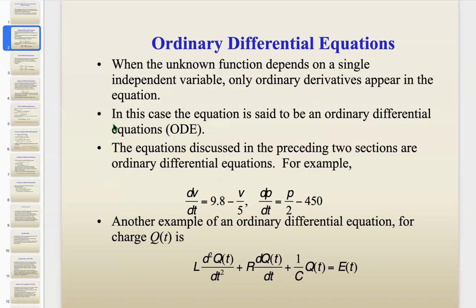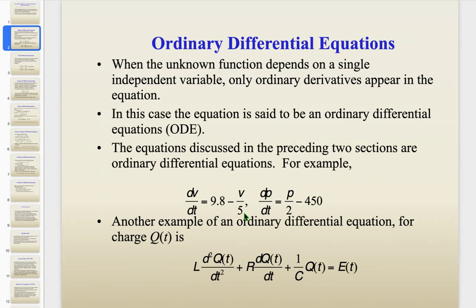Basically, when you look at an ordinary differential equation, it means that you are looking for an equation involving the derivatives of a function of a single variable. In this one, you can see that v is a function and v depends on t because we're talking about dv/dt. Another example of an ODE is very similar.